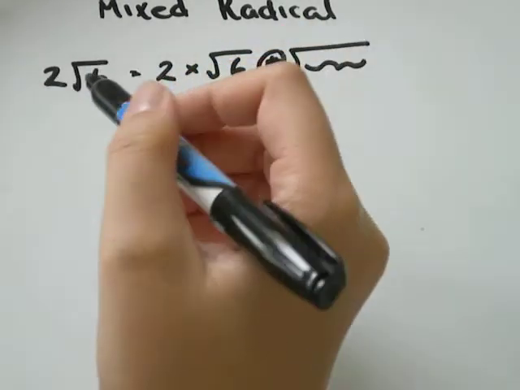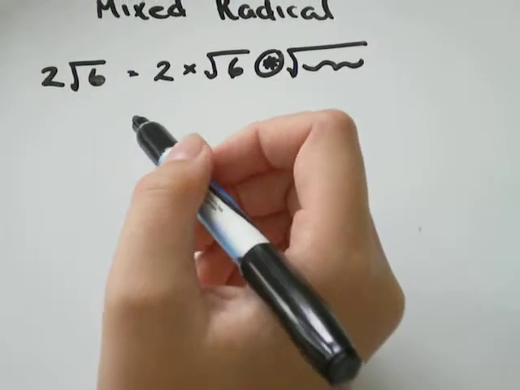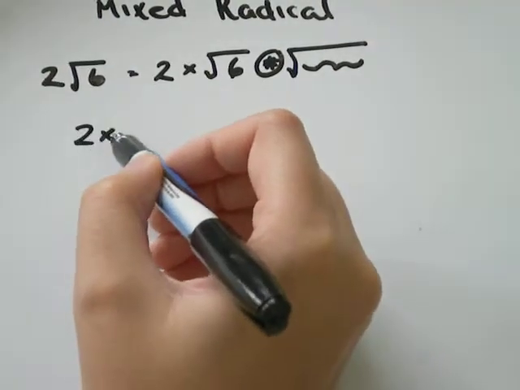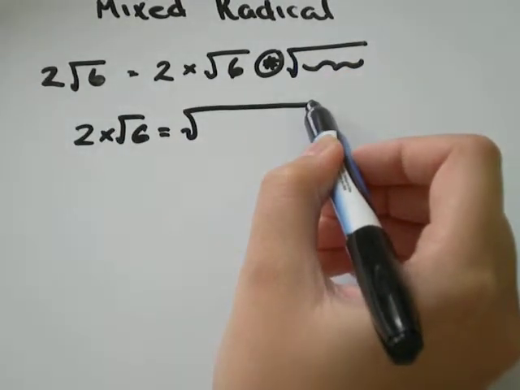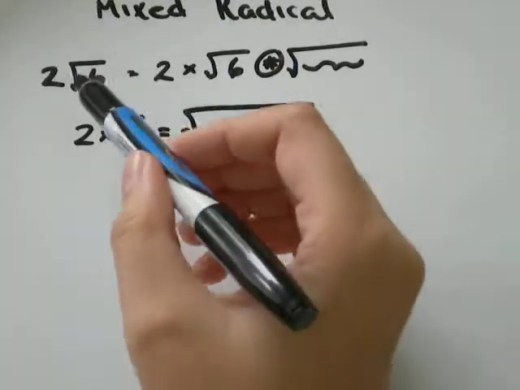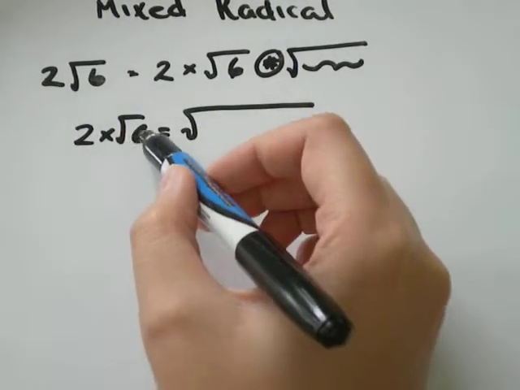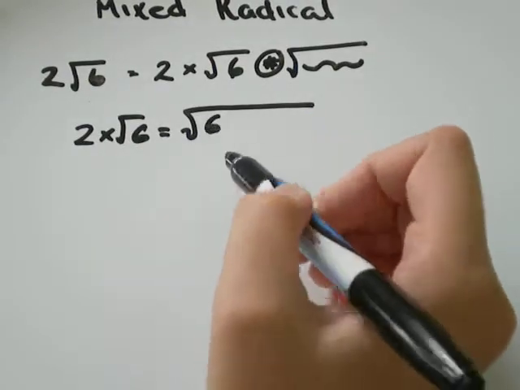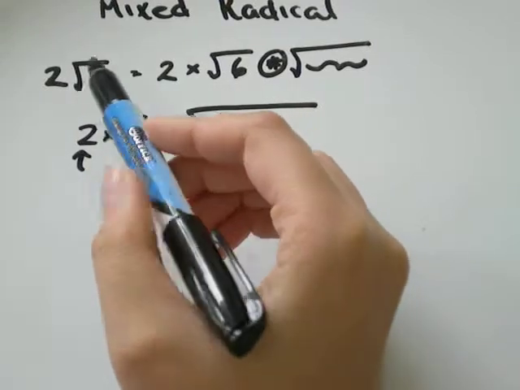Let's do an example. Might as well do the 2 times the square root of 6. All you need to know is that when we combine the terms from a mixed radical and put it under one root sign, the number that was there originally stays, and it is multiplied by 2 twice.